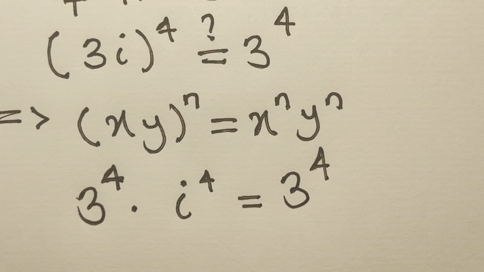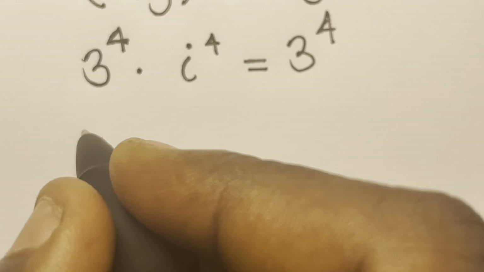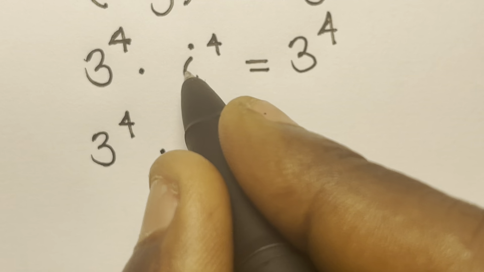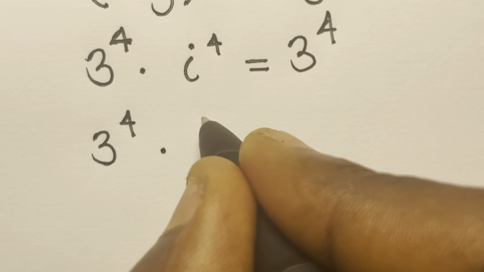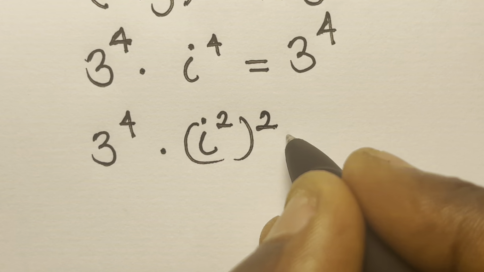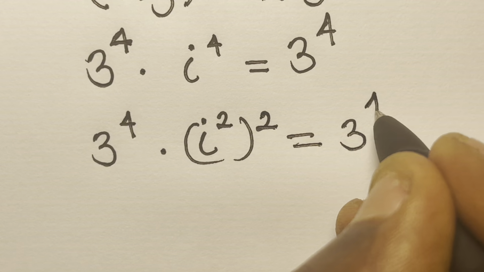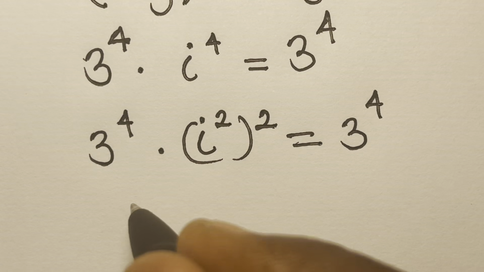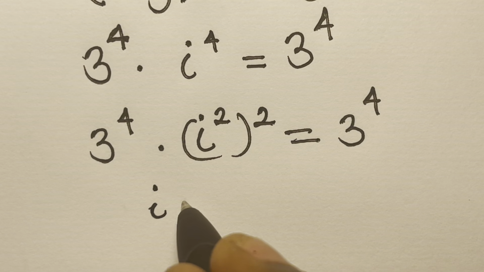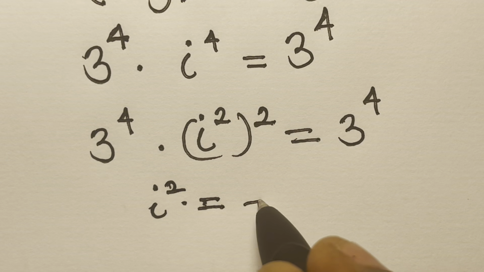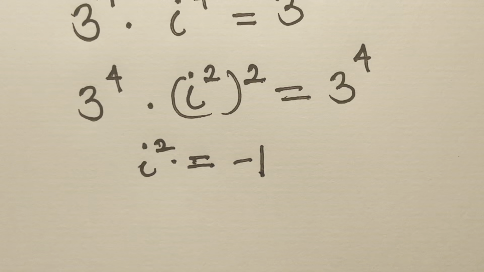So now here we will have 3 raised to power 4. So this I raised to power 4, you can express this as I raised to power 2, then raised to power 2, equals 3 raised to power 4. You understand? So here, let's recall that our I square is equal to what? Minus 1, right?